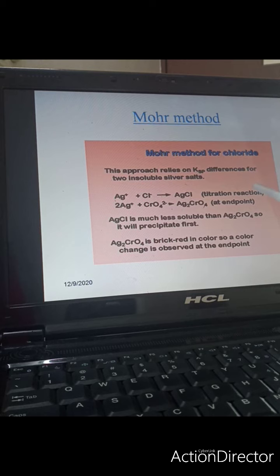So when in the conical flask all the chloride ions are finished, and we add excess Ag, that will react with the indicator forming silver chromate, which is red in color. Now AgCl is much less soluble than Ag2CrO4, so it will precipitate out first. So our end point will be brick red color.